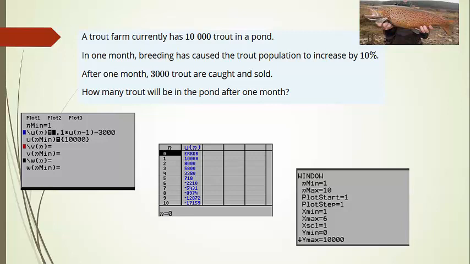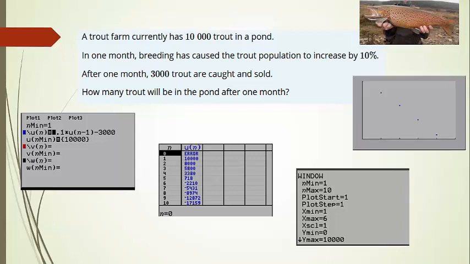If you want to see what the graph of that looks like, just make sure that the window is showing the right figures. So I'm just showing the first 10 values of n, 1 to 10, and in fact, because my x-axis is only going 1 to 6, I only want to see the x values 1 to 6, and y-max starting at 10,000 going down to 0.